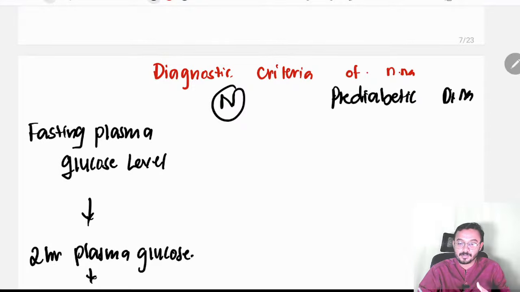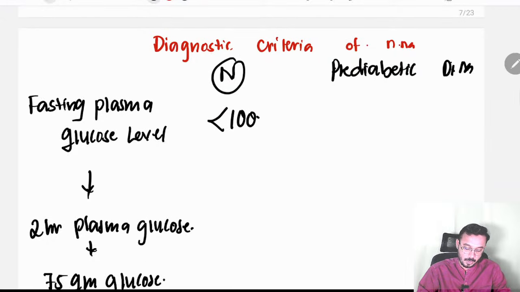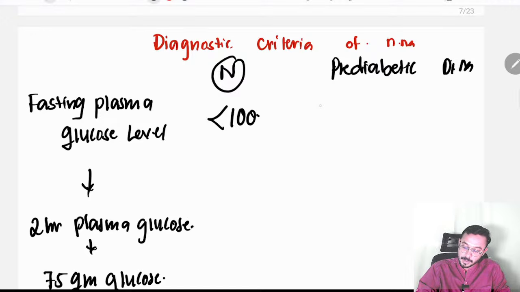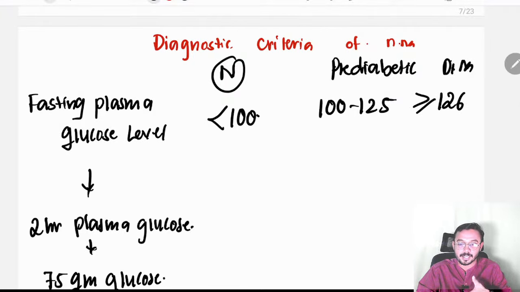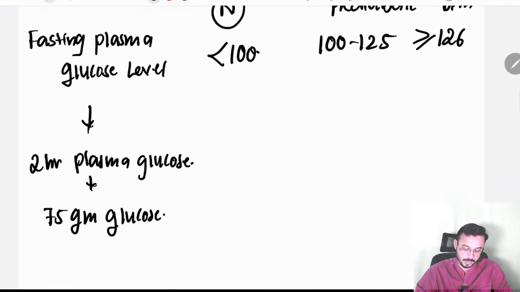Normally, for a normal person like you and me, if you are not diabetic, the fasting plasma glucose will be less than 100. If your value comes between 100 to 125, that is pre-diabetic. And if your value is greater than or equal to 126, that is diabetes mellitus.